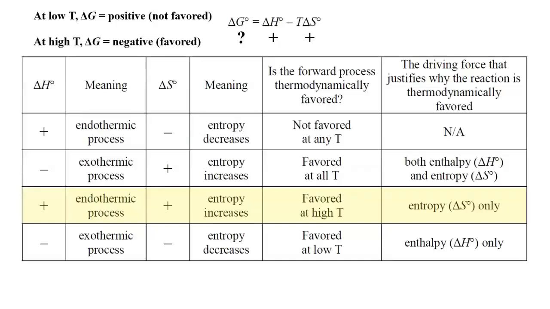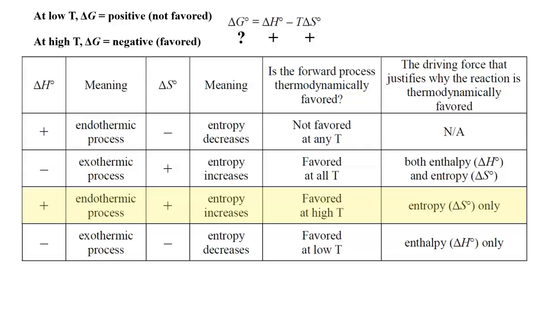But at high temperatures, now the delta G for this process would be negative, and it would be thermodynamically favored. So it's favored at high temperatures. But because we have a positive delta H, that cannot be a driving force. So the driving force would be the entropy only, the positive delta S only.